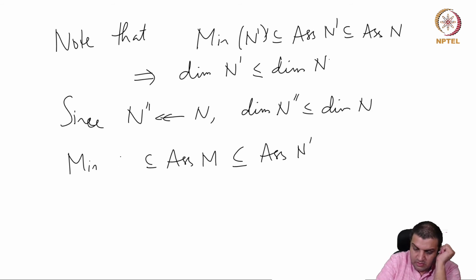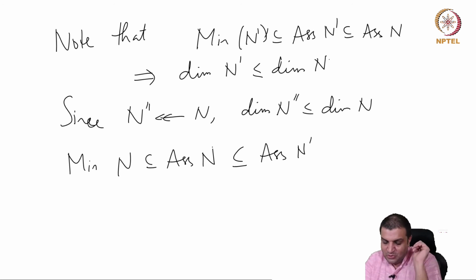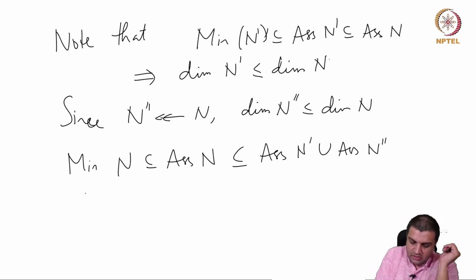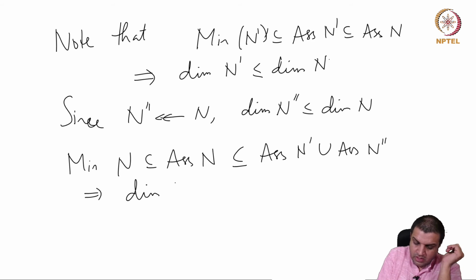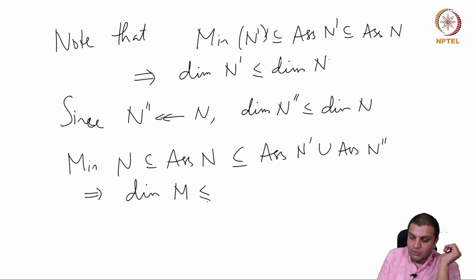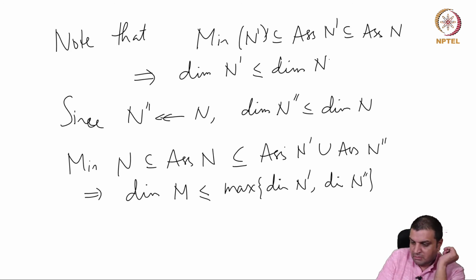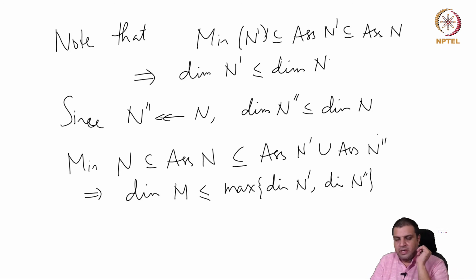Sorry, we're looking at this new sequence N prime and N double prime, not the original M. So this implies that dimension of M is less than or equal to max of dimension of N prime, dimension of N double prime, because any chain from here must appear either in the support of N prime or in the support of N double prime.